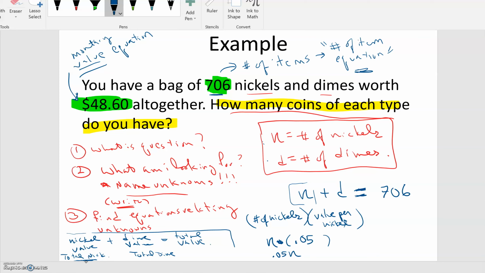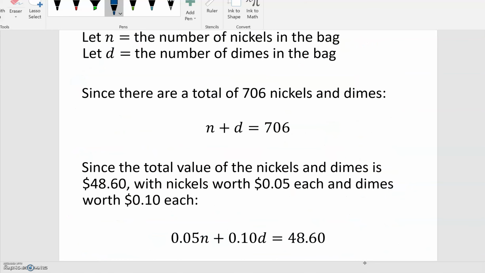Now, with this same idea, do you see that I could then add in my total dime value, which would be 0.1d, another thing to be careful about, and those two values added together have got to equal this $48.60. So the system is here.